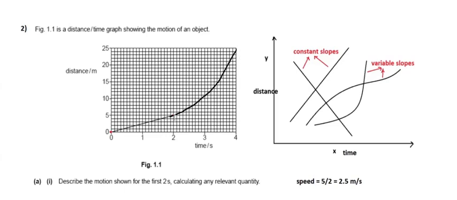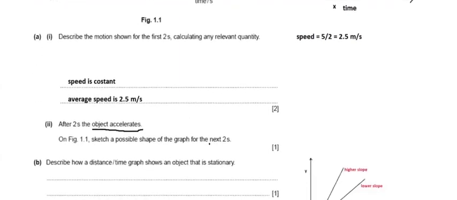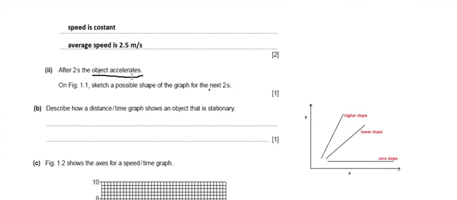You can see that for this line the slope is continuously increasing because the line is becoming steeper. That means the speed is increasing, and as the speed is increasing, we can say the object is accelerating. So that kind of line we should draw.